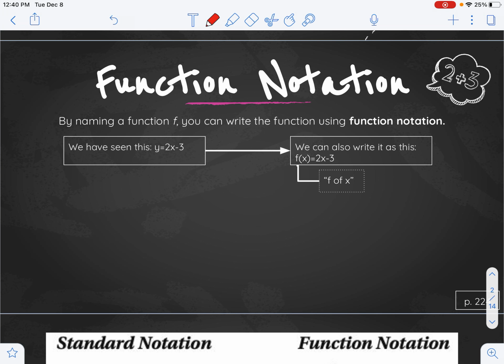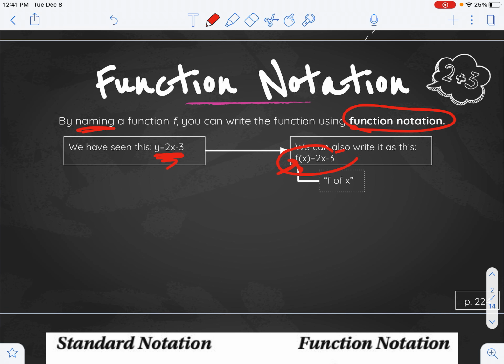So, function notation. By naming a function f, you can write the function using function notation. Like it says here, we're just changing the name. We have seen, and we're used to this, y equals 2x minus 3. But function notation means that we swap out y and we put in f of x.